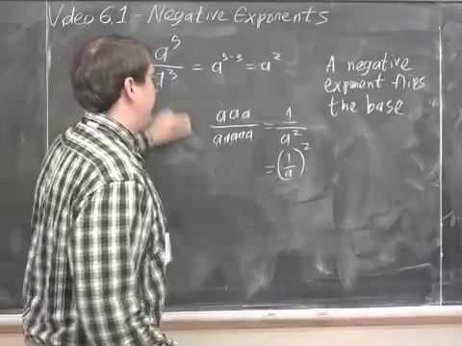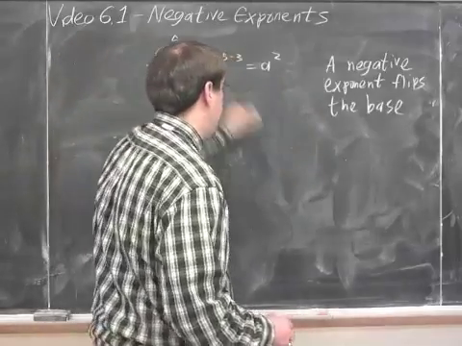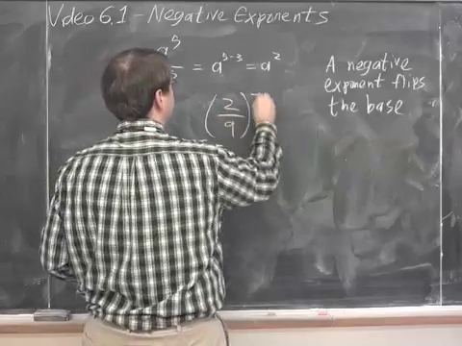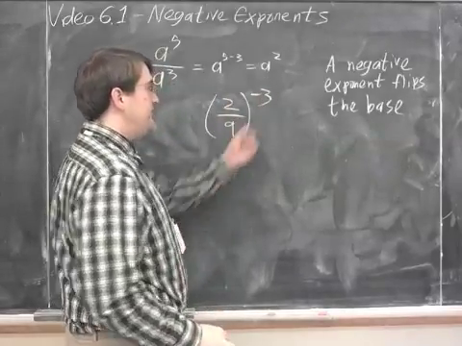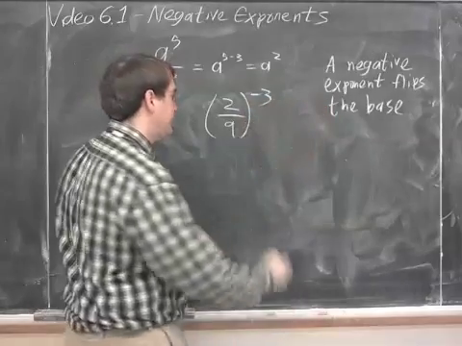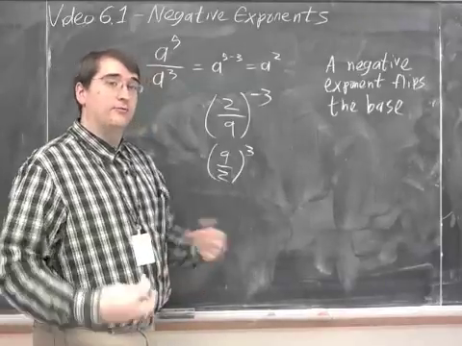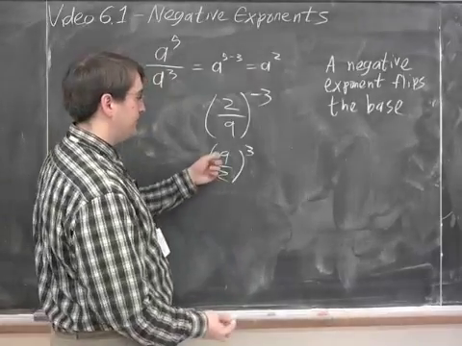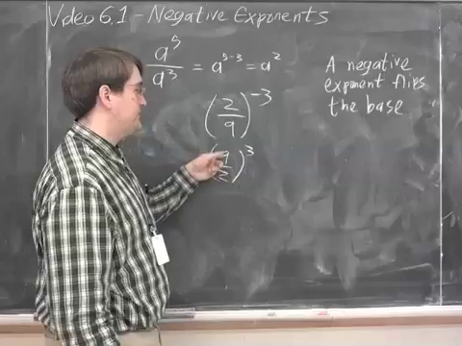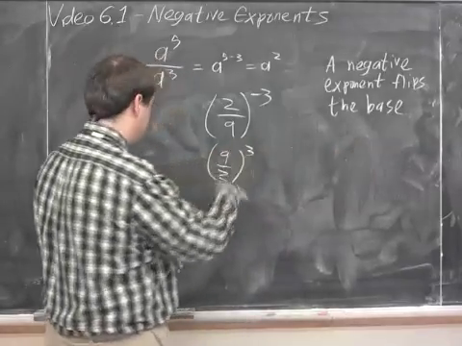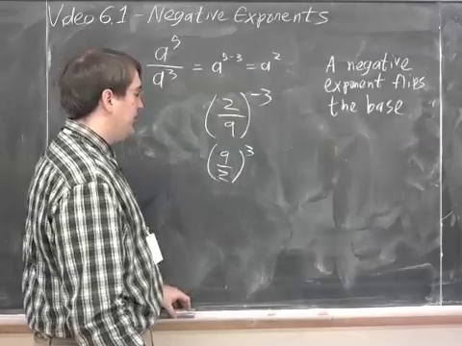If we had something else, like say 2/9 to the power of negative 3, the negative power means we flip the base to get 9/2, and we raise that to the power of positive 3. And so that would give us 9/2 times 9/2 times 9/2, which we could then multiply across and eventually be 9 cubed divided by 2 cubed.